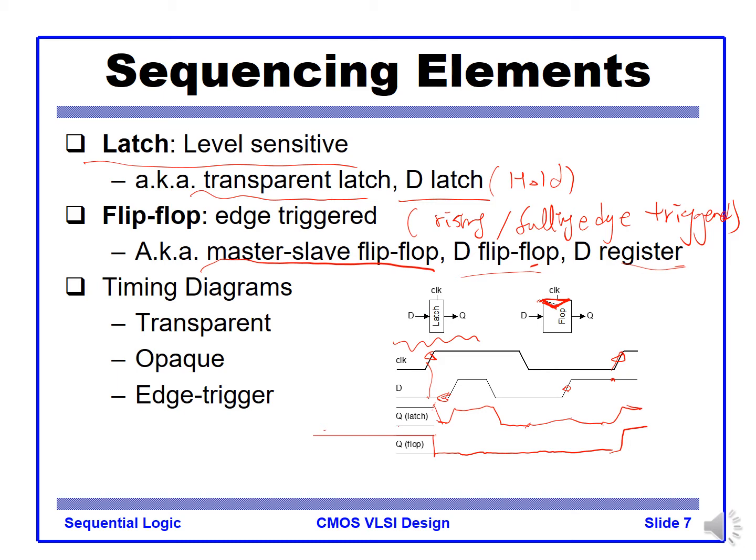Also, for the flip-flop, the data comes out after a certain delay, that is the clock to Q delay, CLK to Q. We have this amount of clock to Q delay. There is a non-zero clock to Q delay.